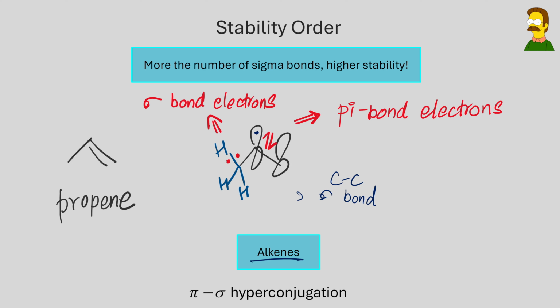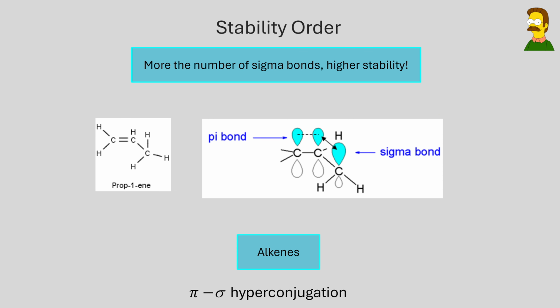I've given you a couple of examples, and I've told you that this is called pi sigma hyperconjugation. Things get a little complicated here because you need to understand MOT to be able to do this, and it's not required at the high school level. But the general idea is that there isn't an empty orbital. So then what is the direction of electrons?